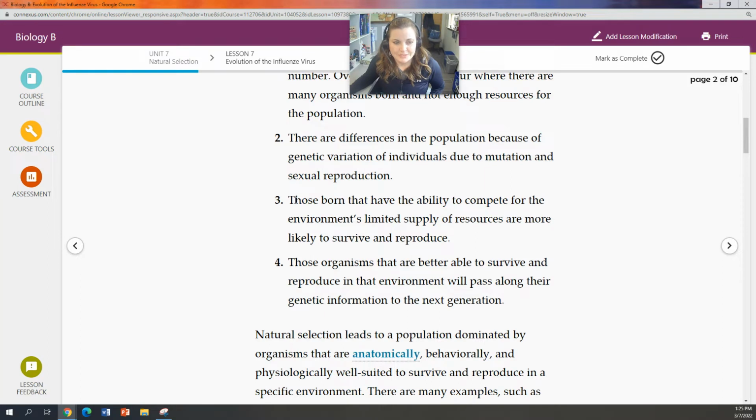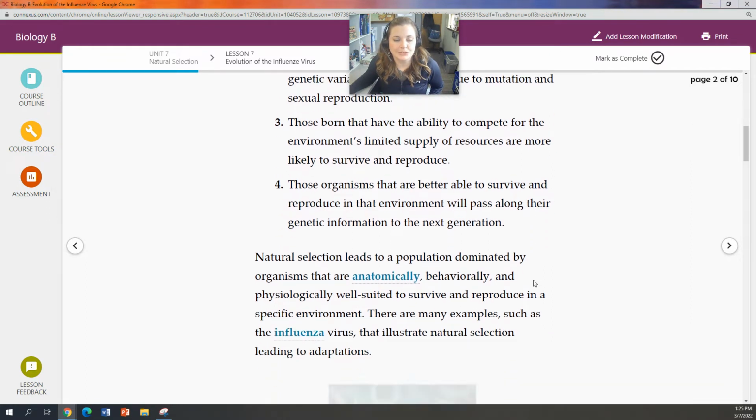And then those that are born have the ability to compete for the limited supply of resources. If that trait gives them a better advantage to compete, get resources, survive, and reproduce, they can pass on that genetic information to their offspring, number 4, and that trait will be more likely to be observed in the next generation and generations going forward.